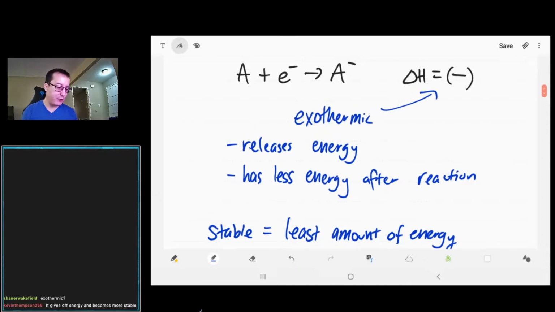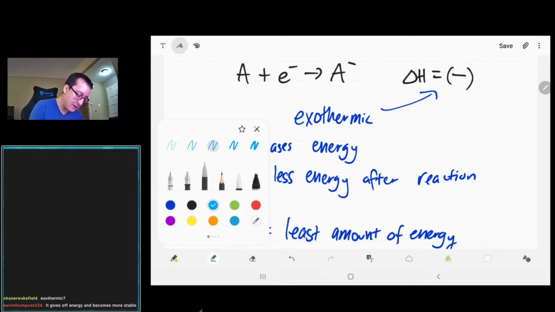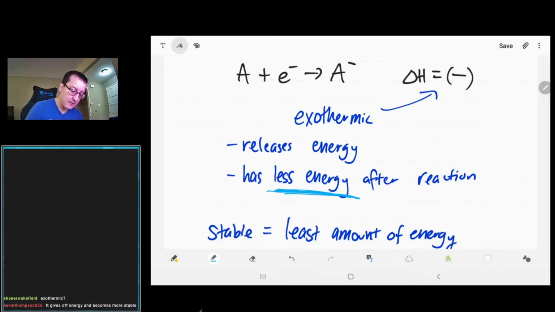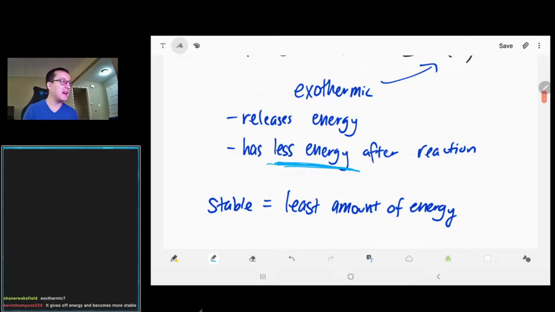So if we look at this, we see that this process gives off energy, right? It's exothermic. It's telling us that it's negative. And as a result, it has less energy than before. And so if it has less energy, that means it's going to become more stable.